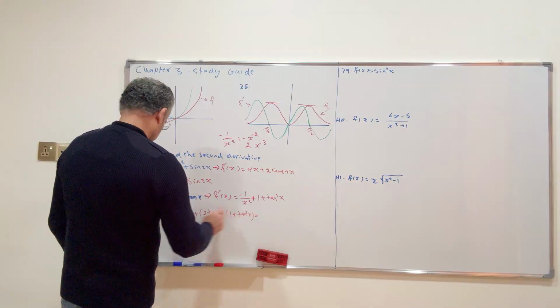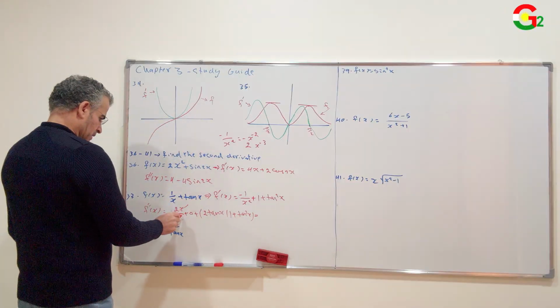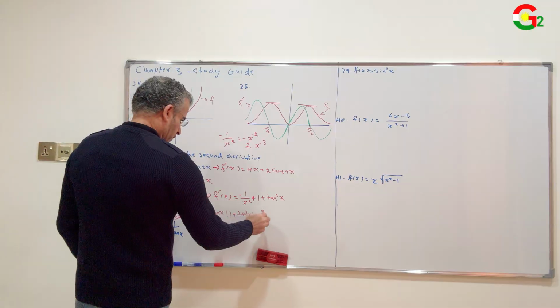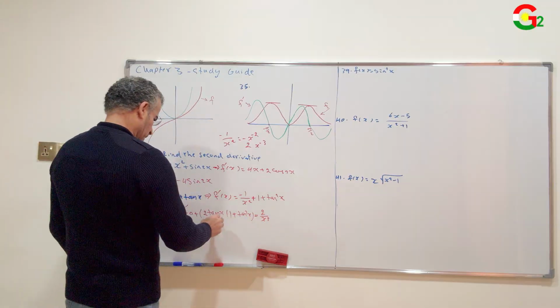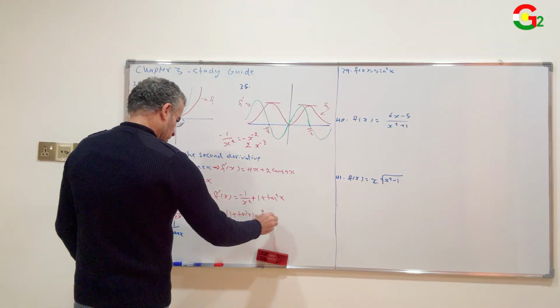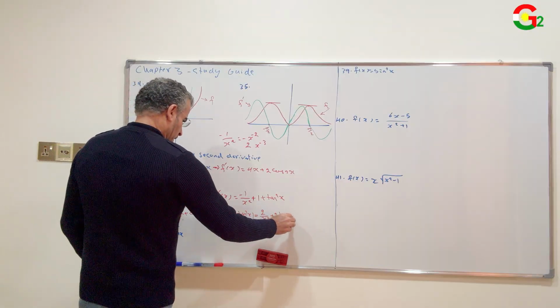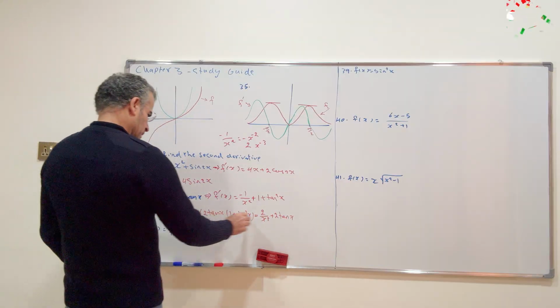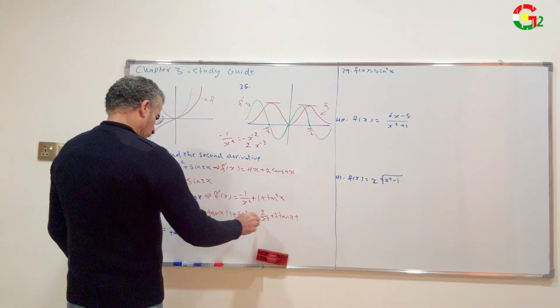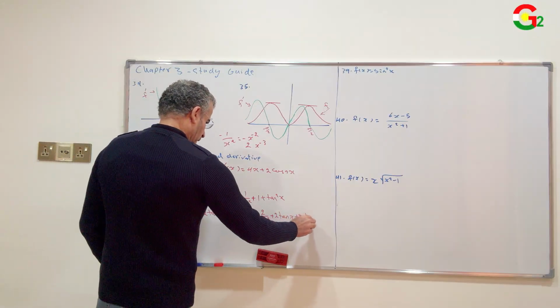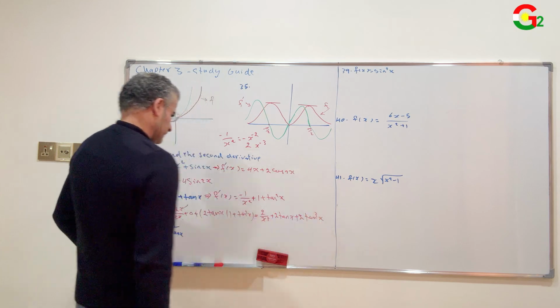Simplify this derivative: x with x power 4 gives 2 over x power 3 plus 2 tan x plus 2 tan cube x.